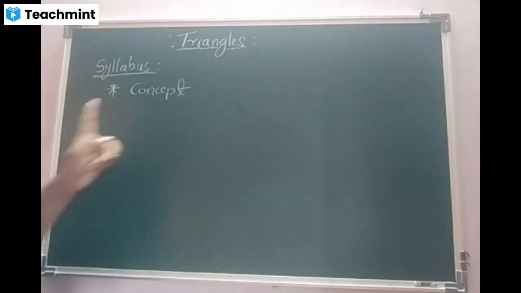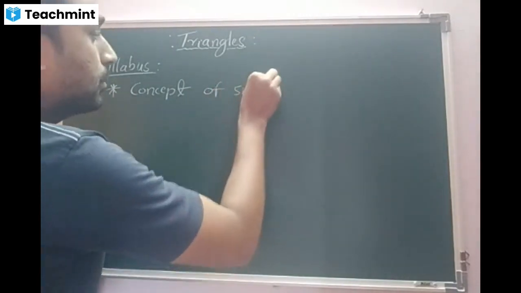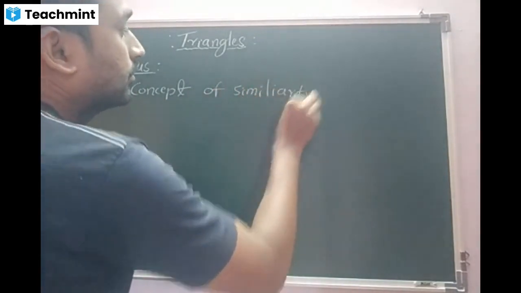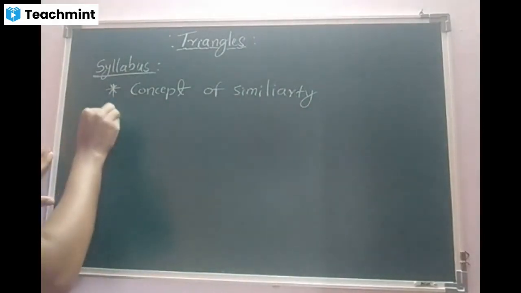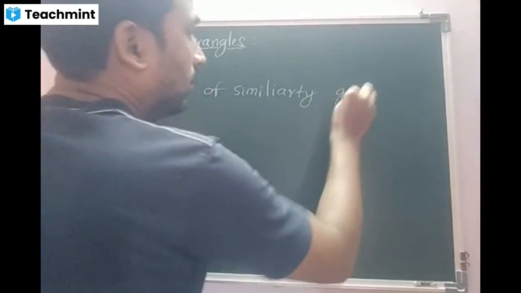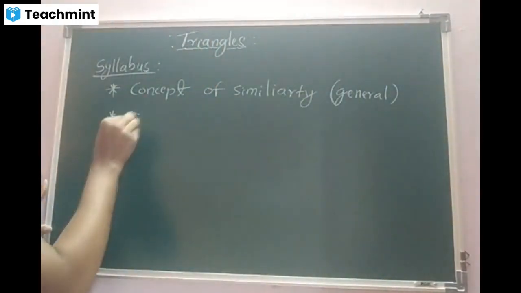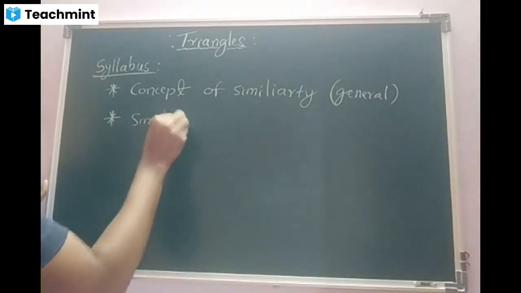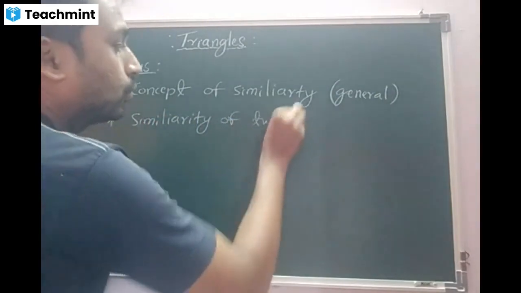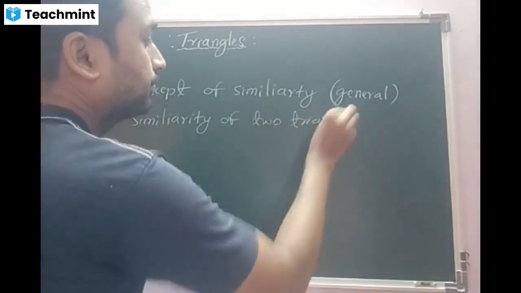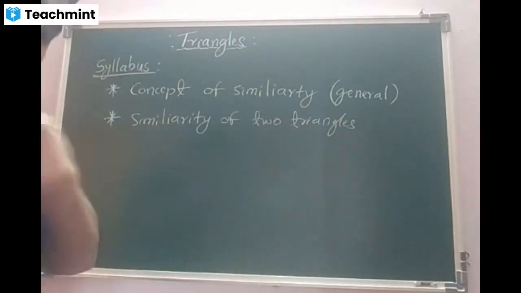The first point is concept of similarity. It is in general concept. Then similarity of two triangles, which is specific only to the triangles.